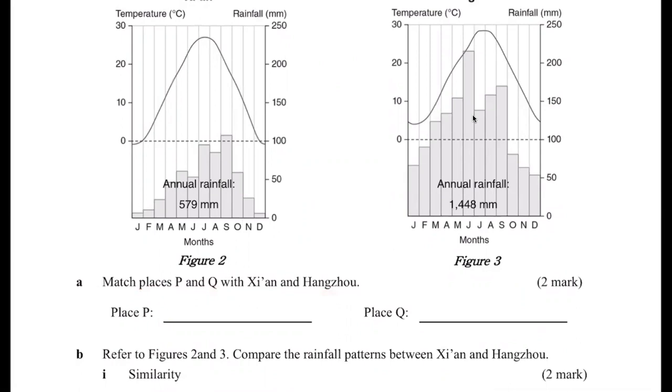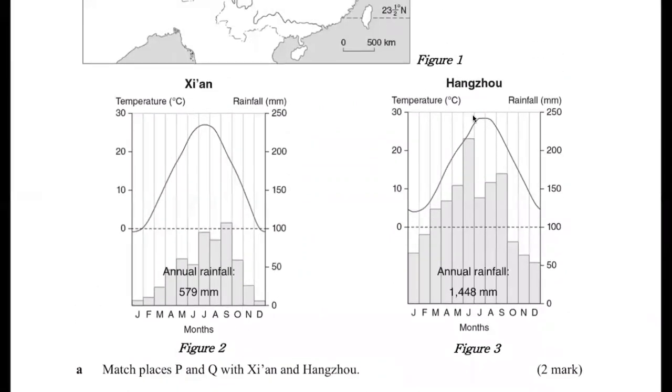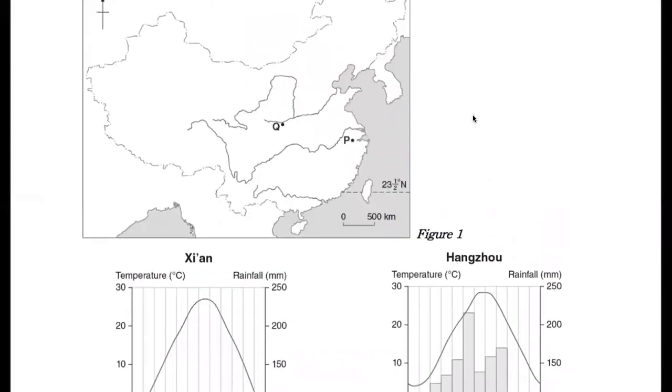Okay, it's a matching. So when we look at place Q and P, we find that P is actually a coastal area, and Q is actually located inland.